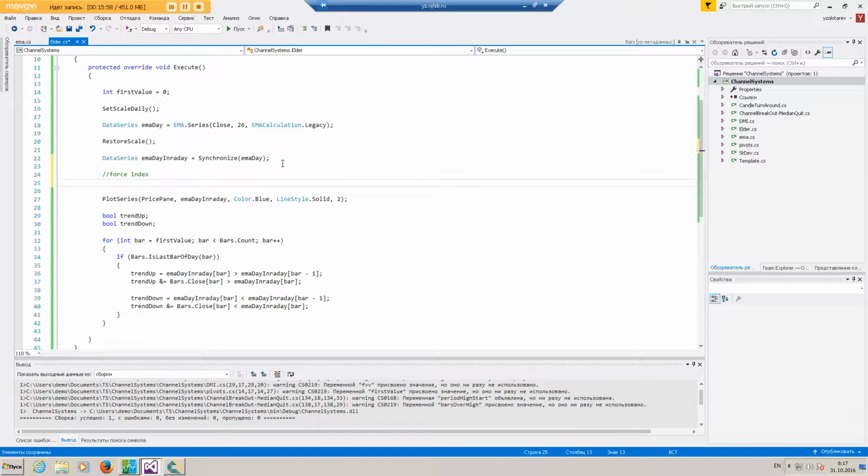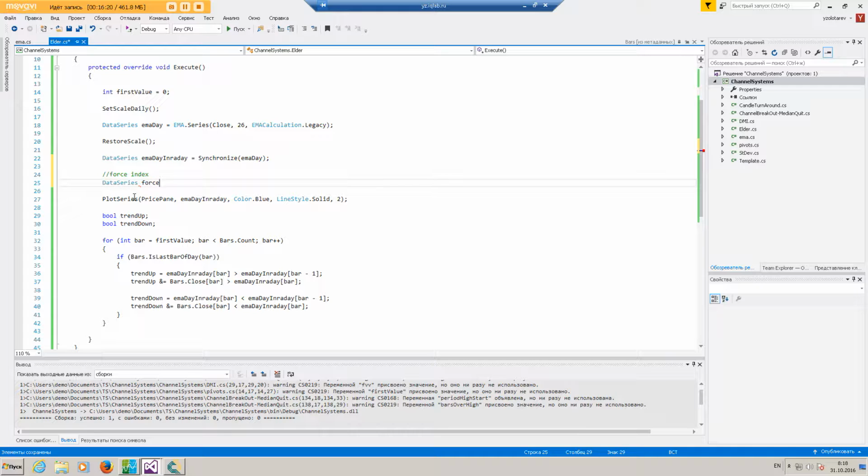Okay, and we'll do the force index on the current time frame, right? Since we're on the current time frame, we should use like the 1 hour. So force index and data series.